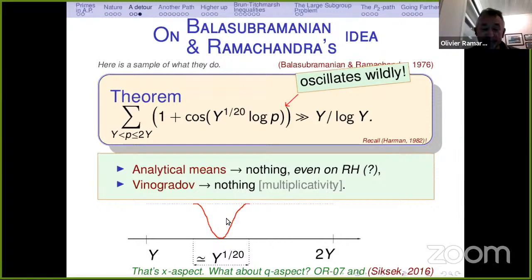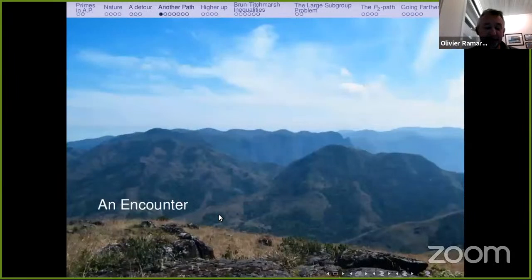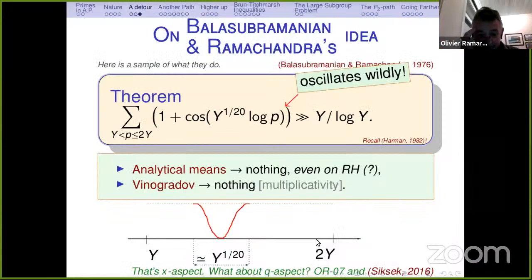Okay, now that I've told you that, I've cheated a bit because you may want to be clever. You may tell me, well, you don't need to know the way primes are distributed in every interval of length y to the 1 over 20, but in most of them, almost all of them. So you can try and use that.